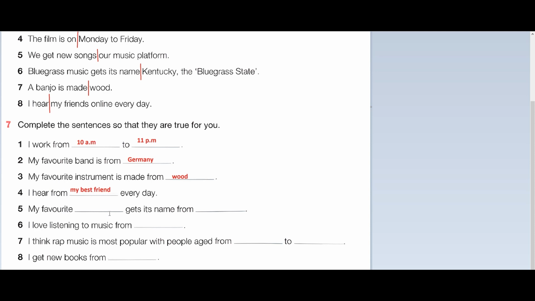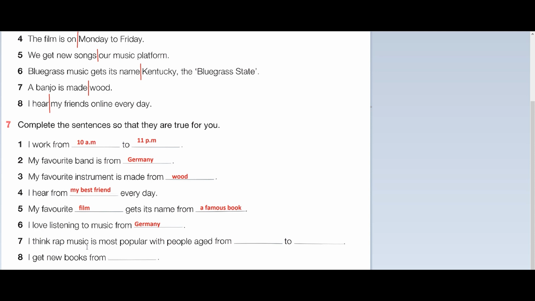Number 5, my favorite gets its name from... Oh my god, so hard. My favorite film gets its name from a famous book. Something like that. I love listening to music from... let it be from Germany. Number 7.